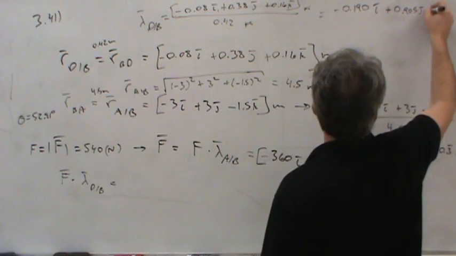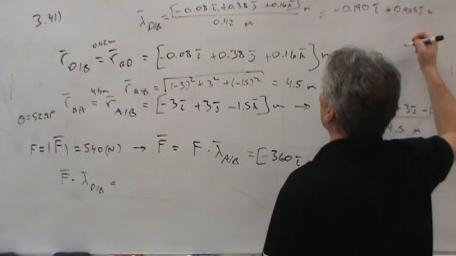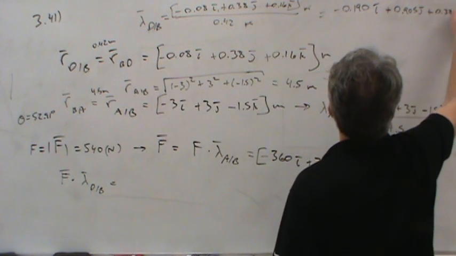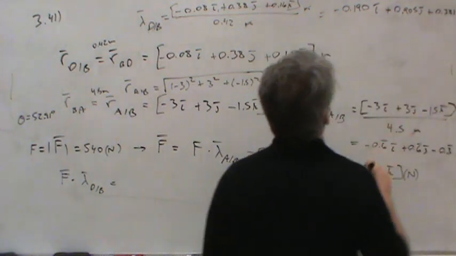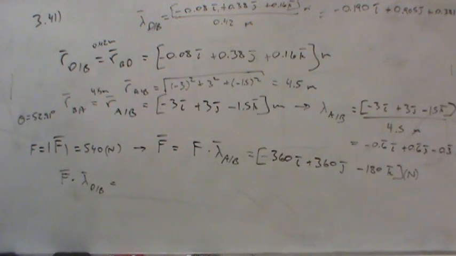And the K direction, 0.16 over 0.42? 0.381. Yeah. Okay, yeah, I'm not thinking right. I'm with you now. So there's our unit vector from B to D.